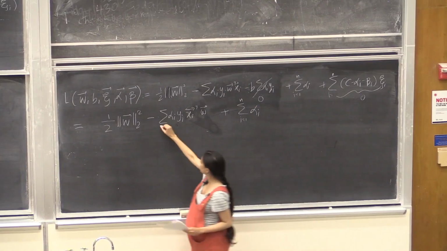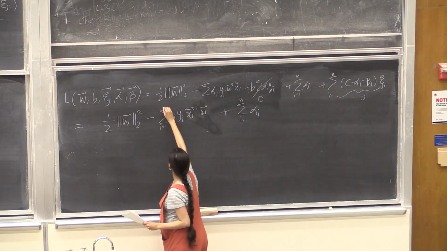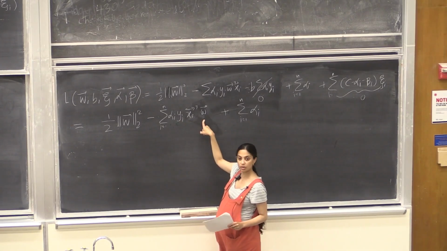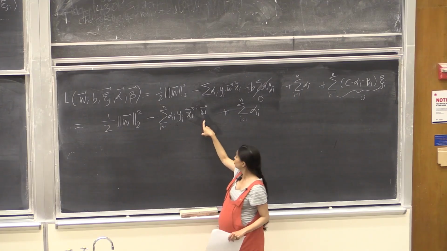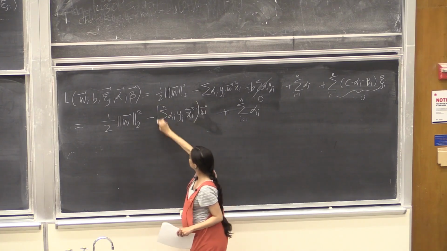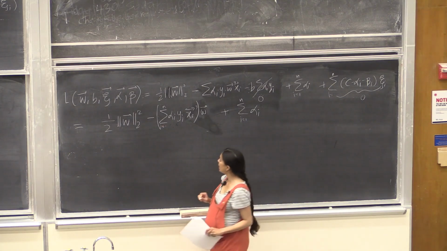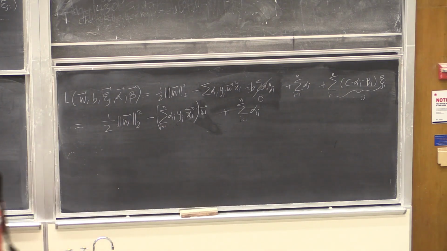Now I have this summation over i. This depends on i, this depends on i, this depends on i. One of these things is not like the others. It does not depend on i, right? So I can pull this out this way, right?